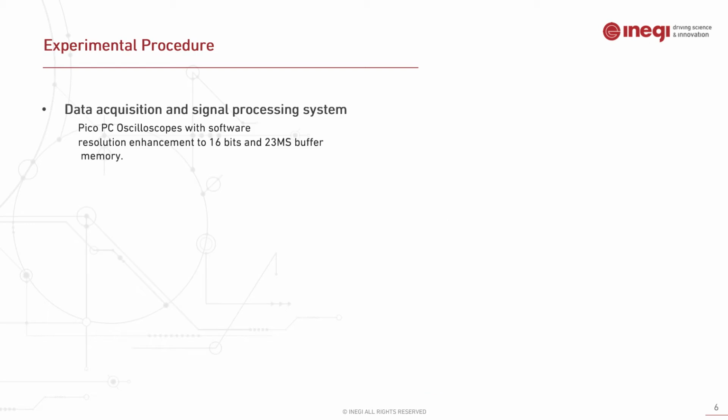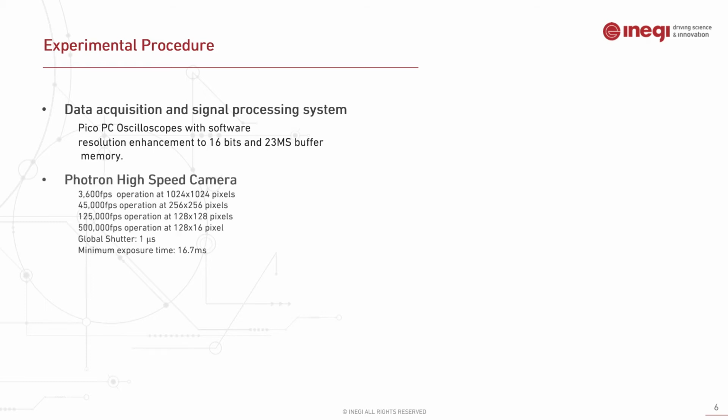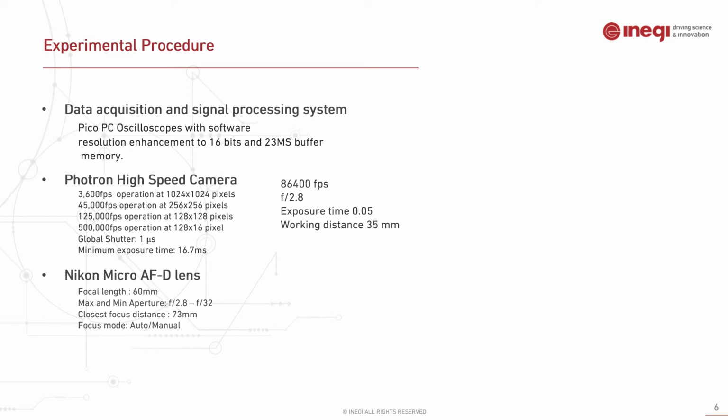We use a PC oscilloscope from Pico to acquire the signals from the Hopkinson bar, and we also use the Photron high-speed camera SA4 in order to record the whole event. We recorded at 86,400 frames per second at the aperture of 2.8 with a lens with a focal length of 60 millimeter.